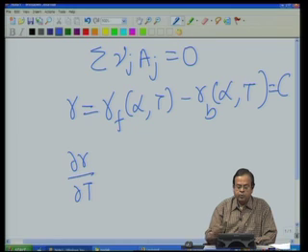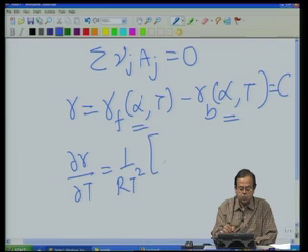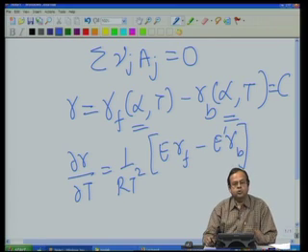If you do this differentiation by plugging power law kinetics into these two rate forms, we will end up with this particular form. I leave this as a small exercise for you to do, but we get this particular form.